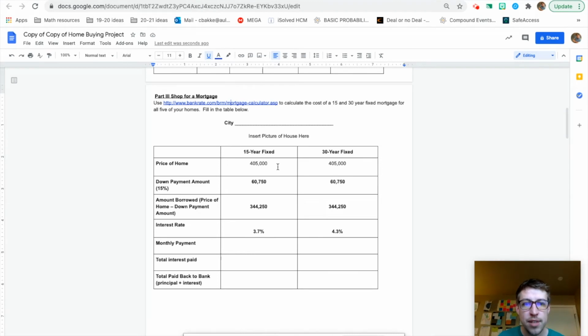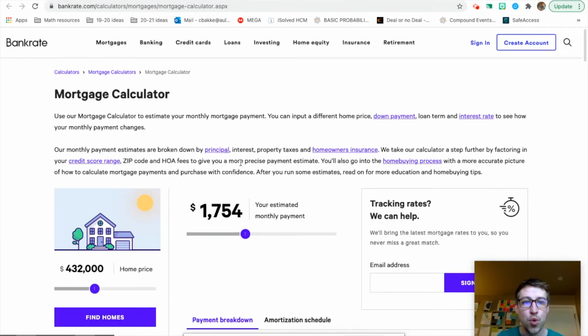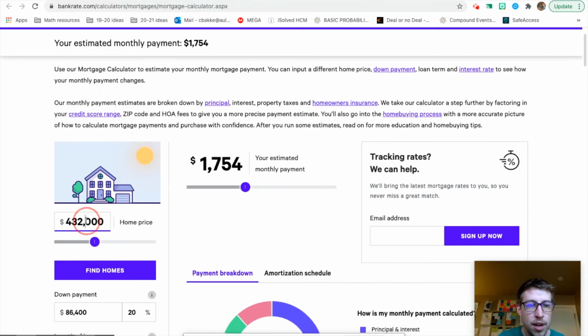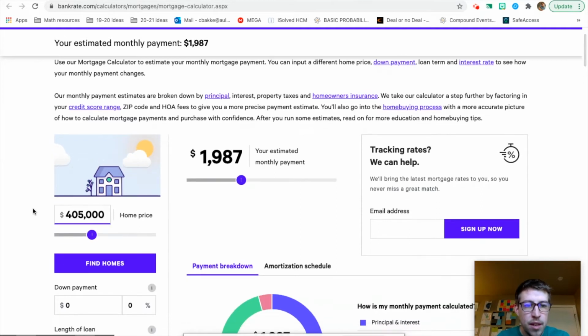So the first thing you need before we go over there is grab the price of the home, $405,000. Make sure you're using whatever house you are going to work with. And we're going to click over here and change that to whatever house you found. 405,000. All right.